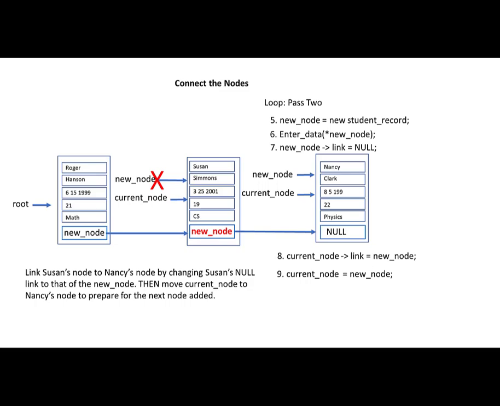That connected Susan's node to Nancy's node. Then the current node no longer needs to point to Susan. It can now move over and point to Nancy. So in step number 9, we set current node equal to new node. As we go forward, we just repeat this same process by changing the links to add additional nodes to the list.